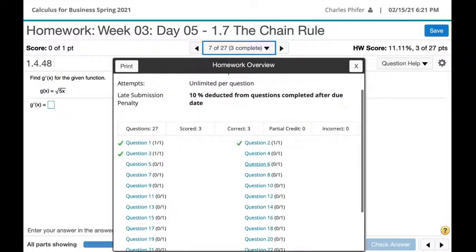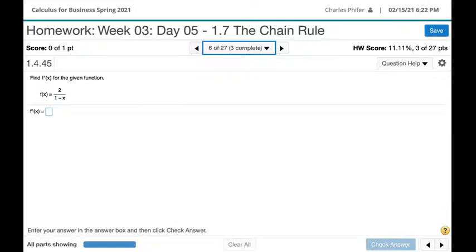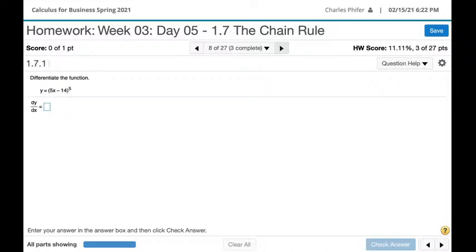That's the quotient rule: low D high minus high D low over low low. I'm not going to do that one right now. That's actually 1.4, the power rule. In this context, it is similar to the chain rule, but I'm not going to do that one right now either. Here's the first one for this section. Let's start here. This is a good one to get into the topic with.